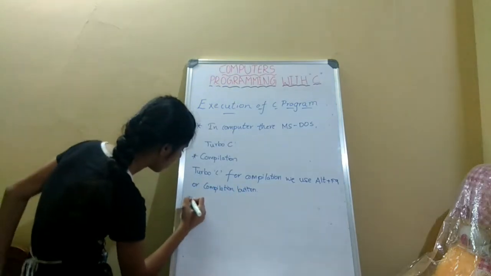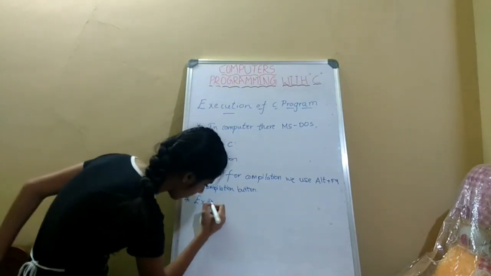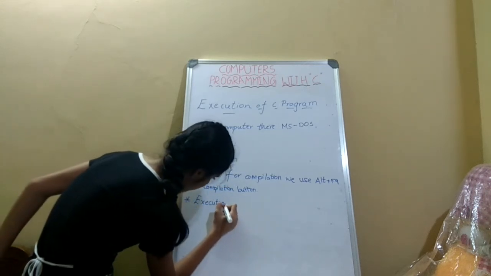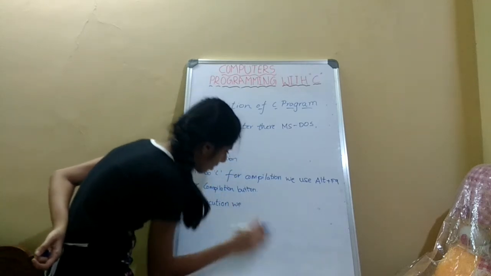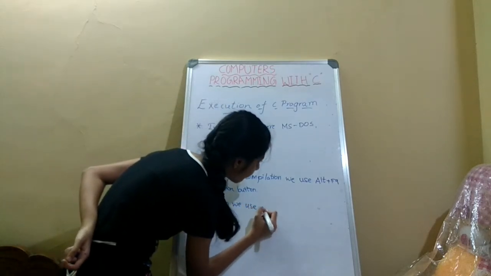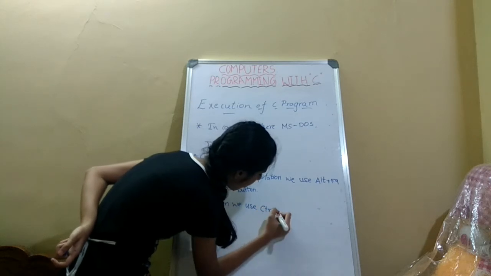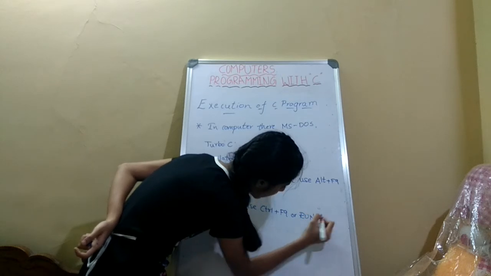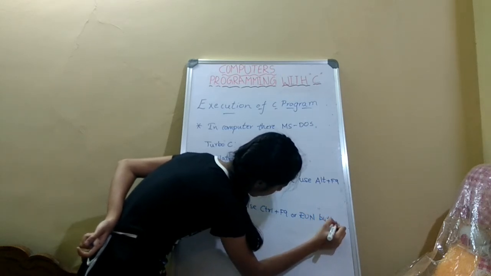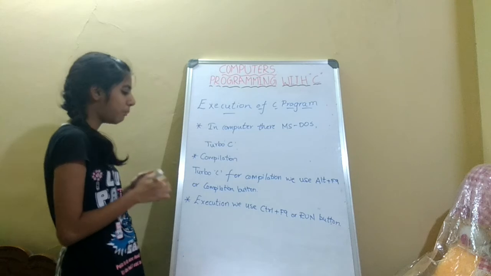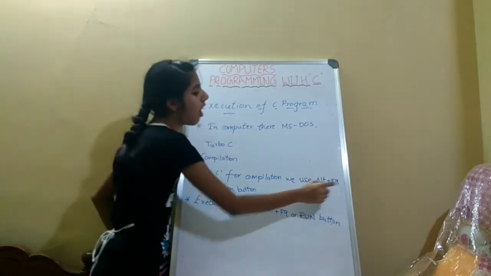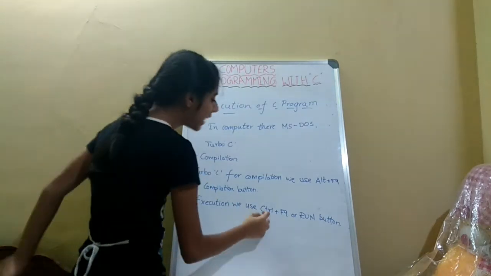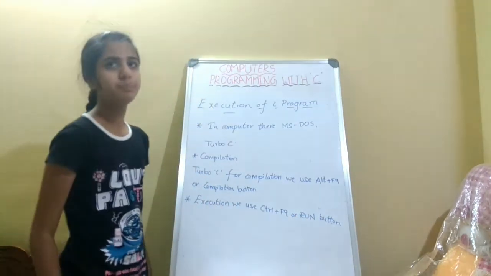For execution we use Control plus F9 or the run button. So compilation means checking the errors, using Alt plus F9. Execution means getting the output from that file, using Control plus F9 or the run button.